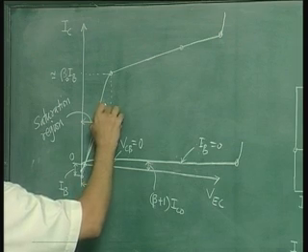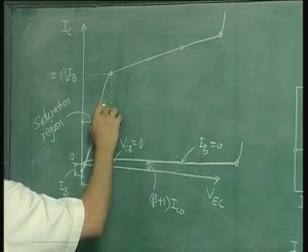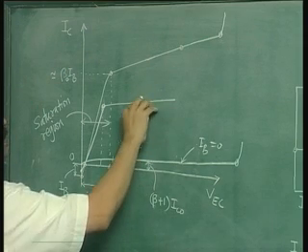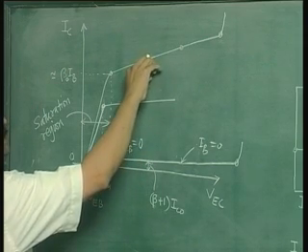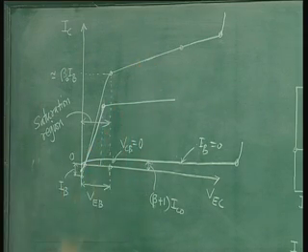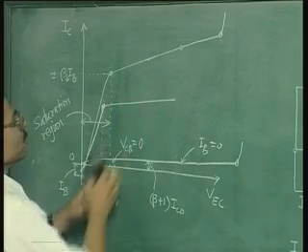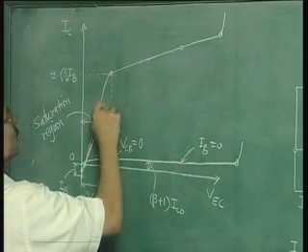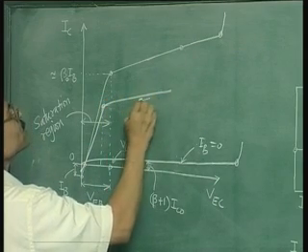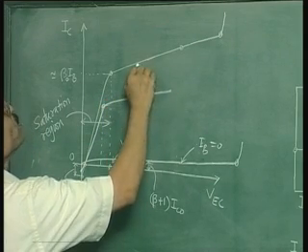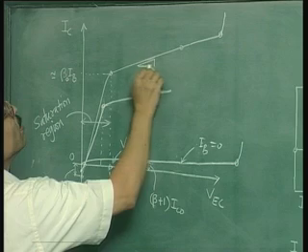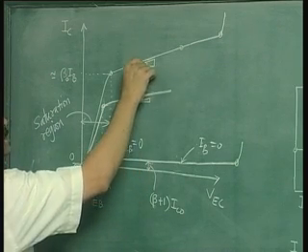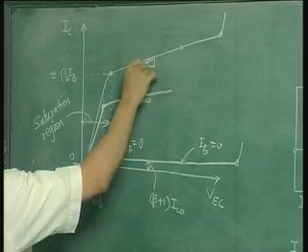Now question arises, in the active region will the slope of the curve here, will it be more than this or less than this? Will this slope be more than this or will this be less than this?